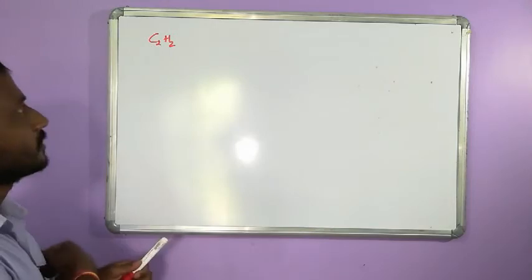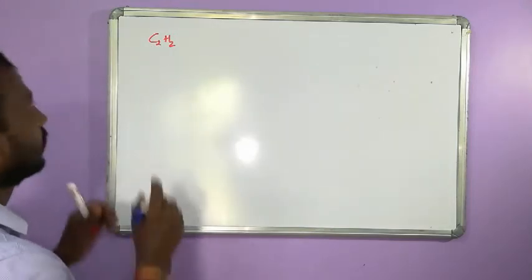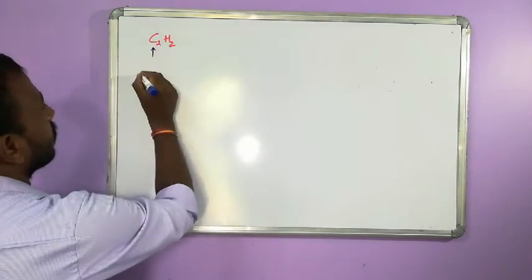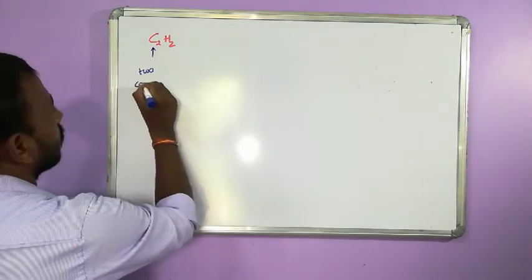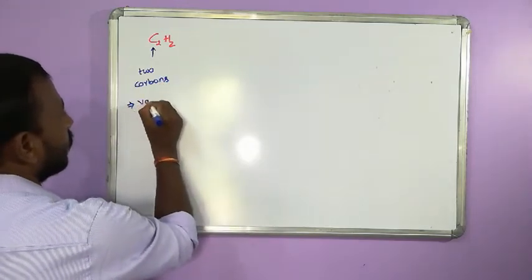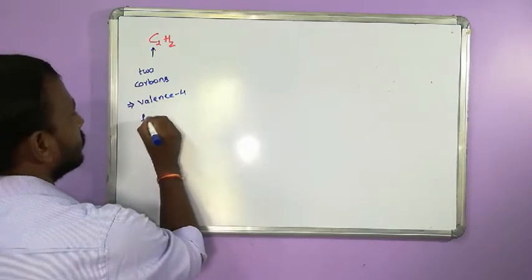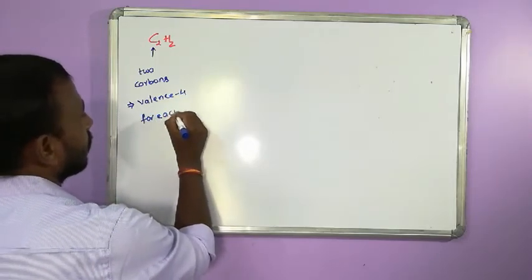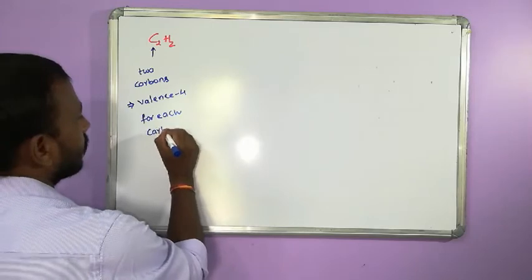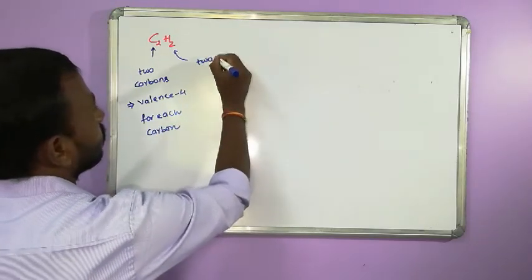In this structure, there are 2 carbons, valence 4 for each carbon, and only 2 hydrogens are there for 2 carbons.